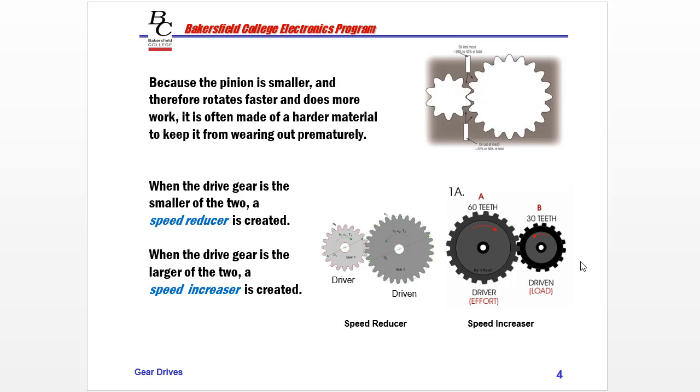So you can see it is working more. The teeth are in contact a lot more, and it is going to be rotating faster because of the number of teeth on the gear. So we have to make the pinion for a gear set to be a tougher material because we want to keep it from wearing out.